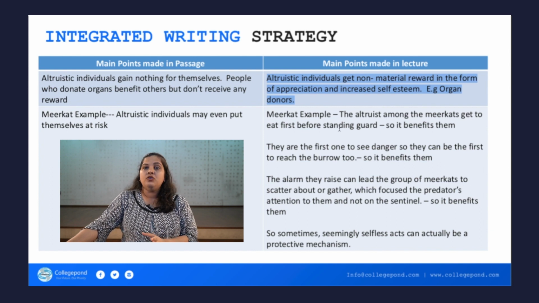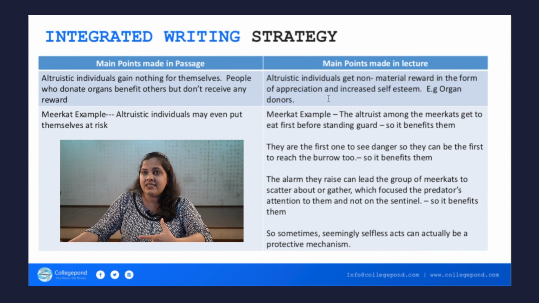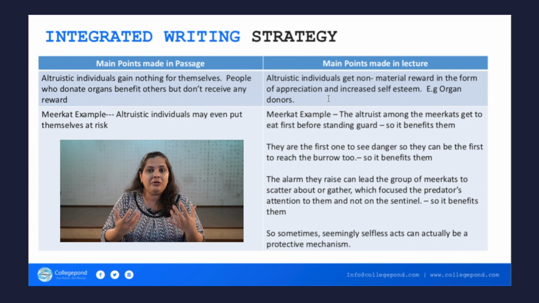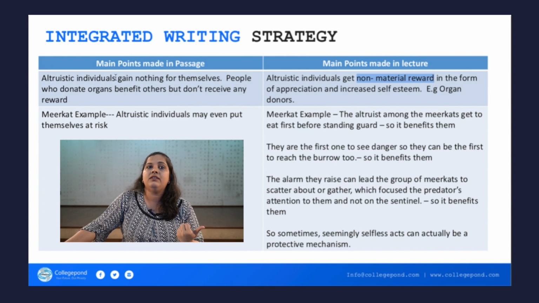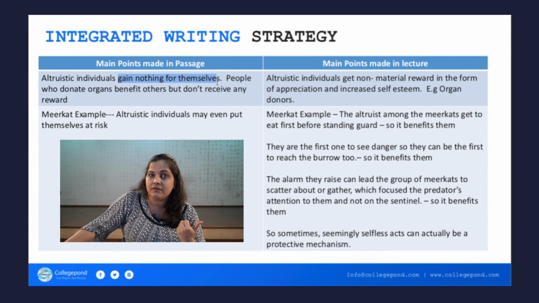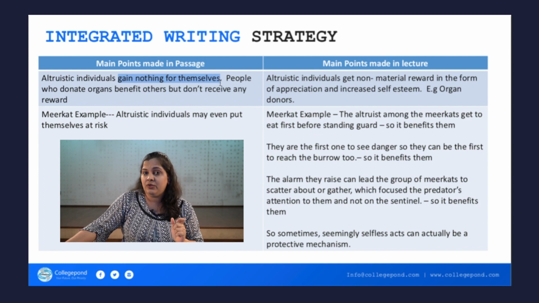So the lecturer said something like organ donors basically receive appreciation from people, and therefore their self-worth or self-esteem increases, and that is something that I can note down as a non-material reward. So this point is directly contradicting what is said in the passage. They get some reward, whereas here it says they gain nothing for themselves, right? So it's contradicting what is given in the passage.